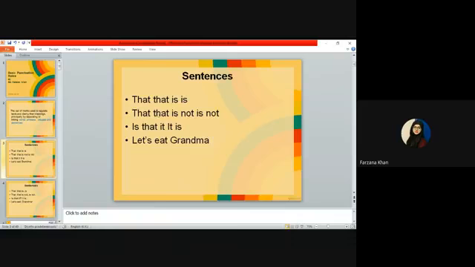Let's see another: "that is not is not." Again, it is a group of words because it is not giving you a sense of what is meant by this. "Is that it is." Again, a group of words without sense.